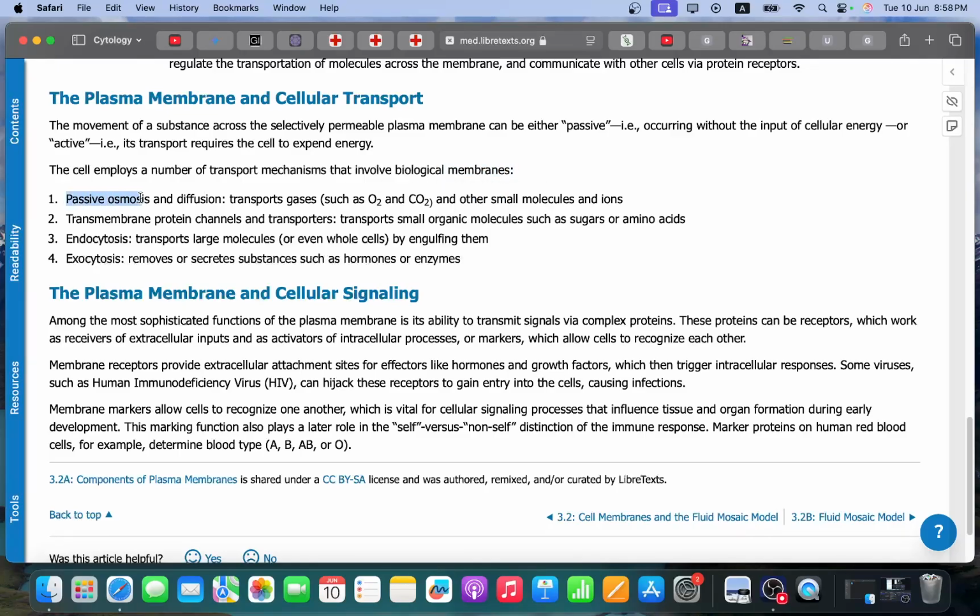Number one, passive osmosis and diffusion transport gases such as O2 and CO2, and other molecules or ions. Transmembrane protein channels and transporters transport small organic molecules such as sugars and amino acids. Endocytosis transports large molecules or even whole cells by engulfing them. Exocytosis removes or secretes substances such as hormones and enzymes. I don't know what these terms mean.